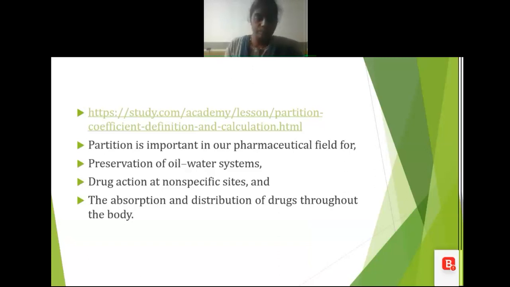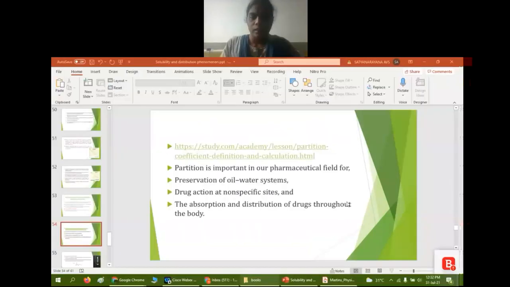Is it clear? Within the body, all the components of the body are made up of cells. The cell wall is made up of lipids. If the drug has only aqueous nature or only aqueous solubility, what will happen?